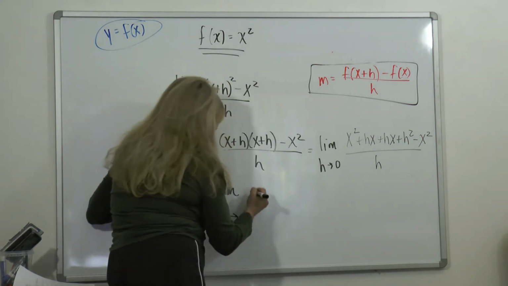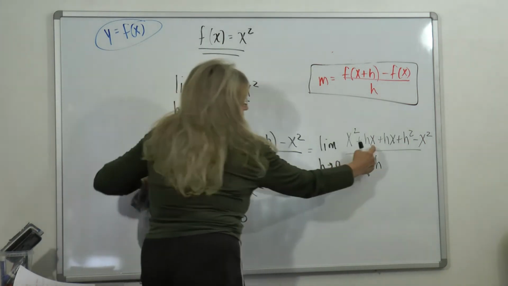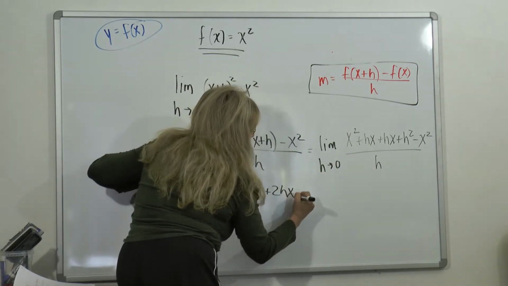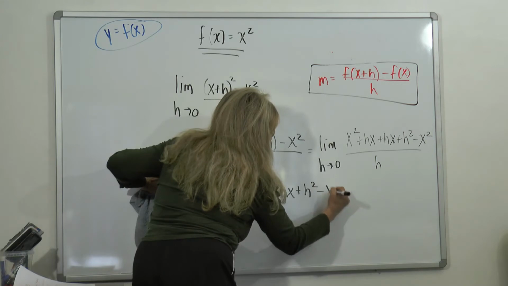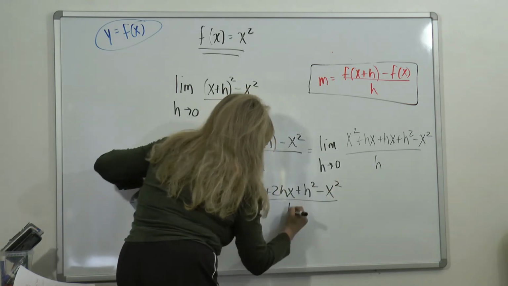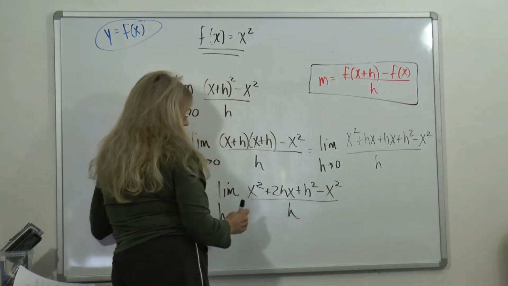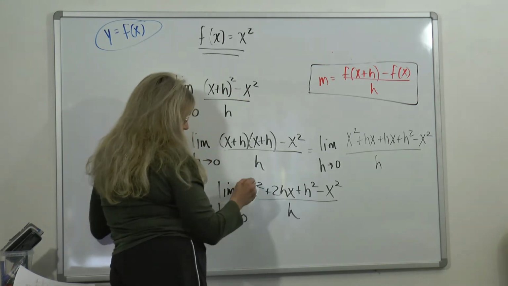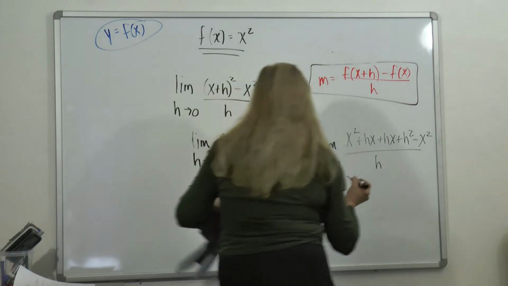Here I have my x squared, then I have 2 of these. So that's 2hx plus h squared minus x squared over h. Now, what can I do in the numerator? What's going to cancel? This guy and this guy, right?